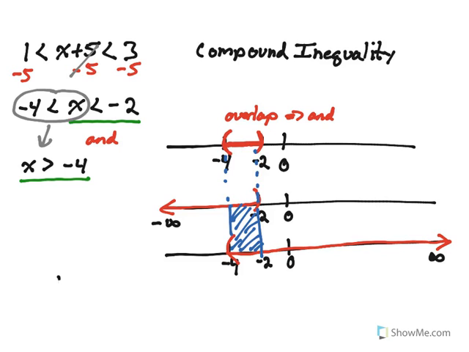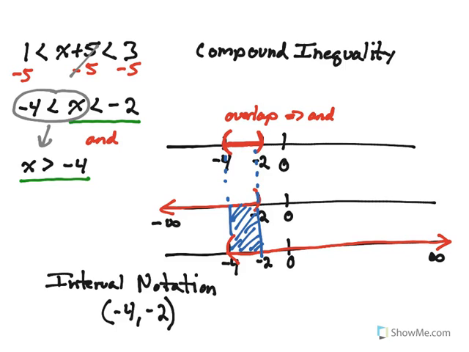Okay, if you want the interval notation, then it should just look like the graph, okay? We have parenthesis, and then we start -4, and then comma, -2, parenthesis. You notice the graph is going to look just like the interval notation.